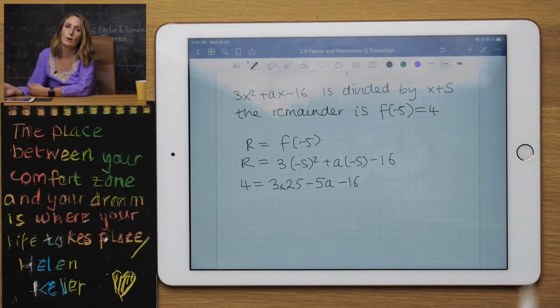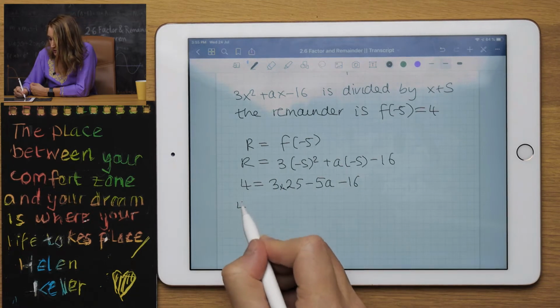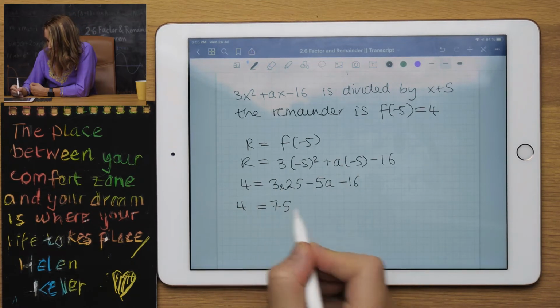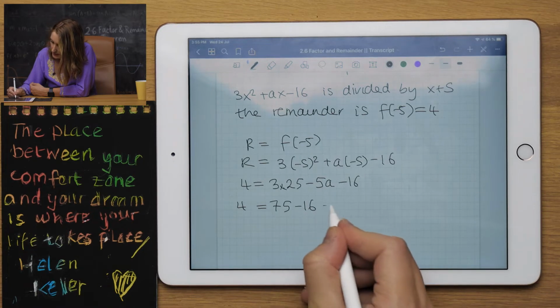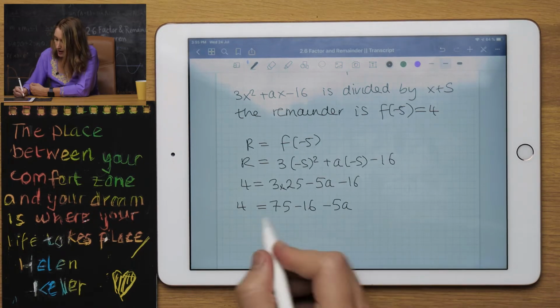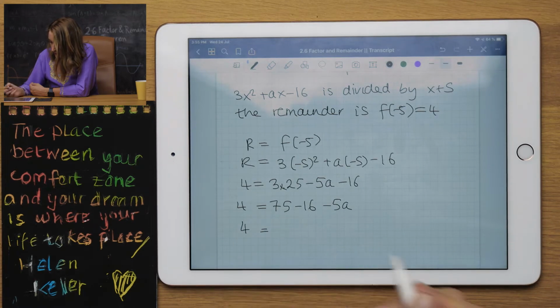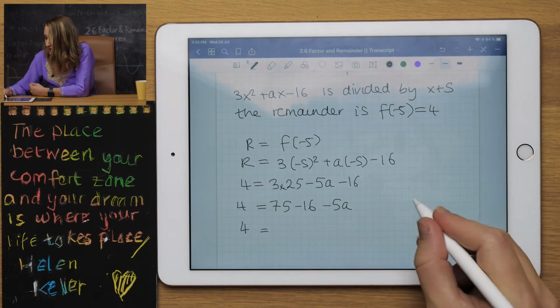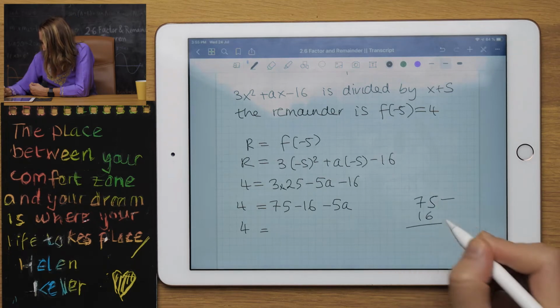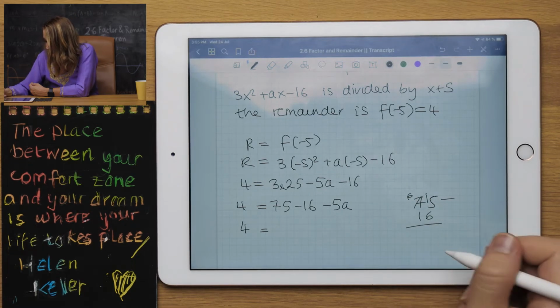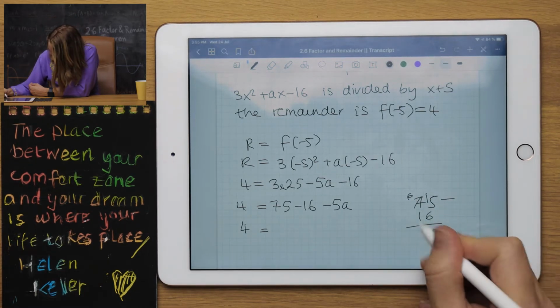Now we've got a linear equation. We can just solve this simply. So 4 is equal to 75 minus 16 minus 5a. And you can bring everything to one side. So I need a freakish amount of time thinking in my head, what is 75 minus 16? Okay, so 15 minus 6 is 9.